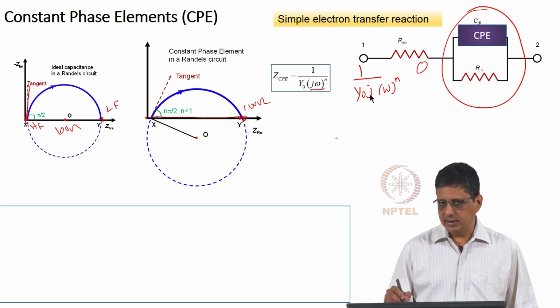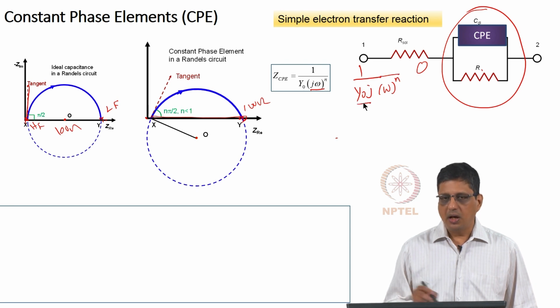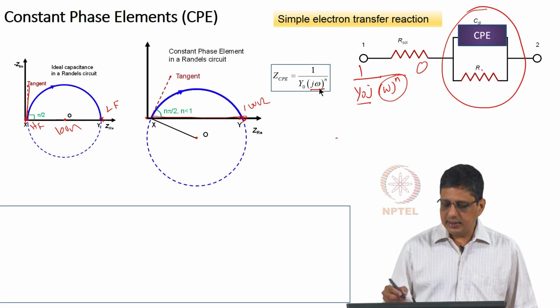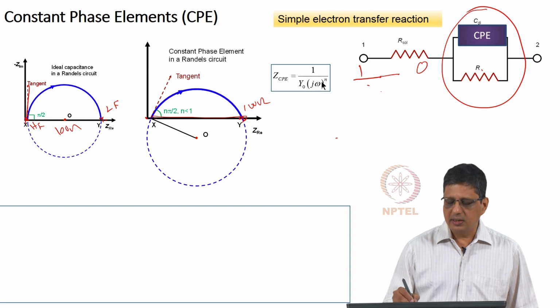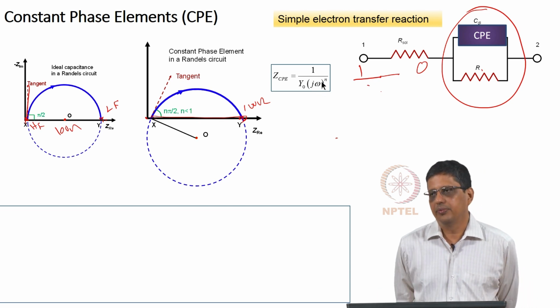All the values are imaginary, just that how it changes with omega will vary. In this case, it is generally a complex number where n is not an integer.